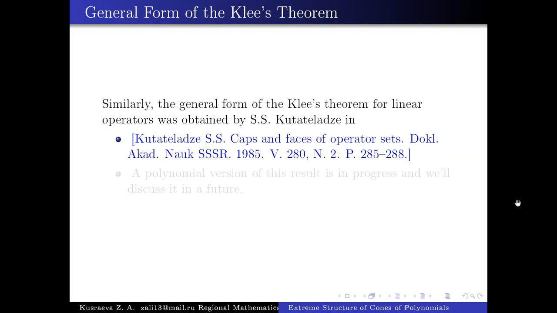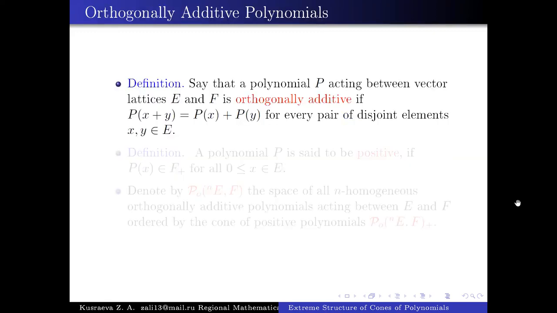But what is done even for today is the Krein-Milman type theorem for a special class of homogeneous polynomials, namely for orthogonally additive polynomials, which are defined as follows.